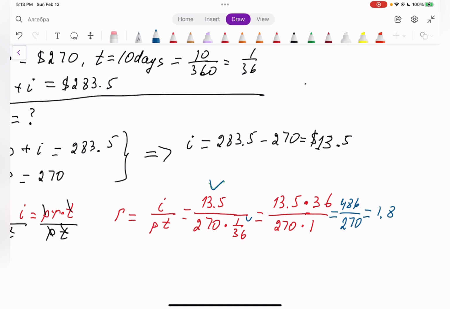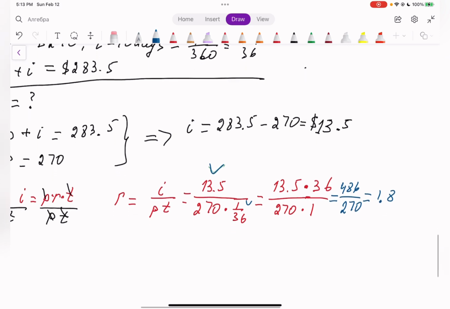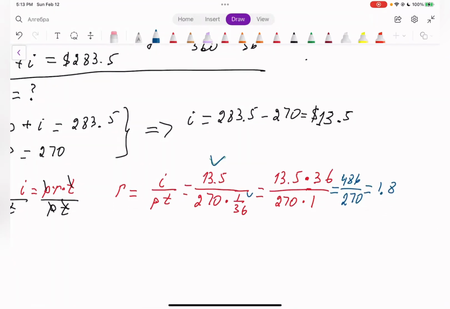That's decimal notation. To get a percentage, R is going to be equal to 1.8 multiplied by 100, right? Because 1.8 is decimal, and it's going to be 180%. Moving the decimal by two positions, adding 0.